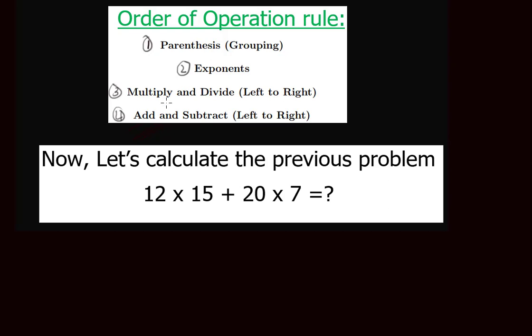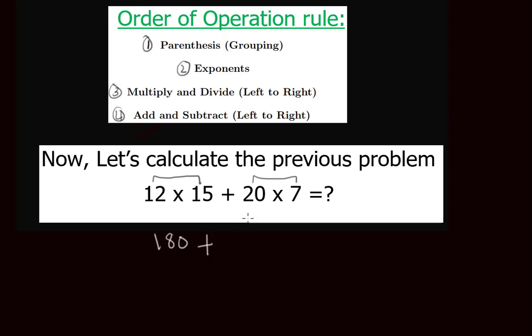So using that method, let's see this one. We have multiplication and addition. That's only two operations. First we do the multiplication before we carry out the addition. So 12 times 15 is 180.